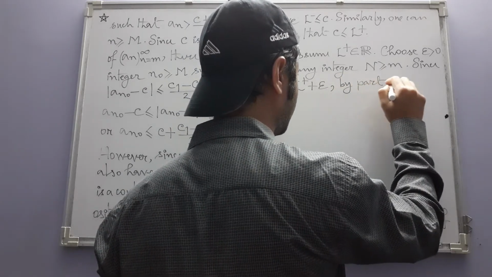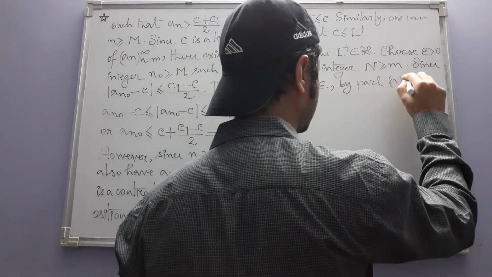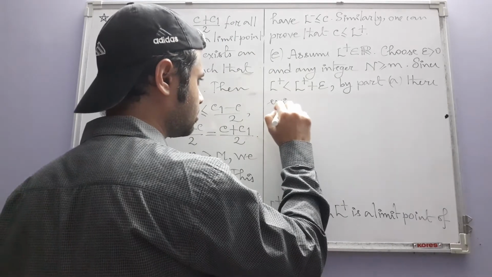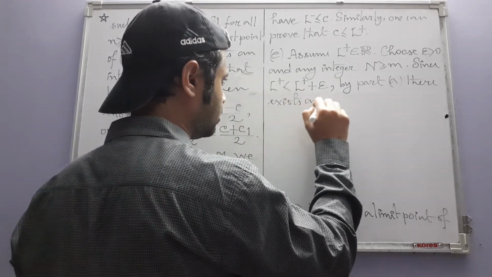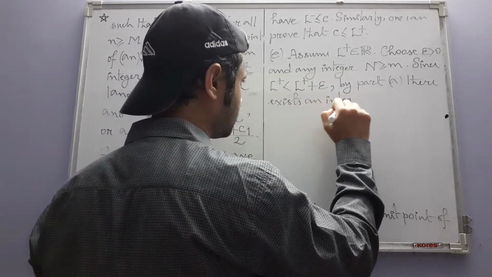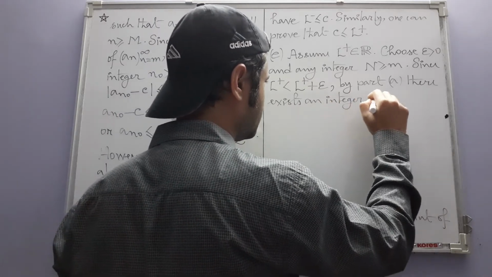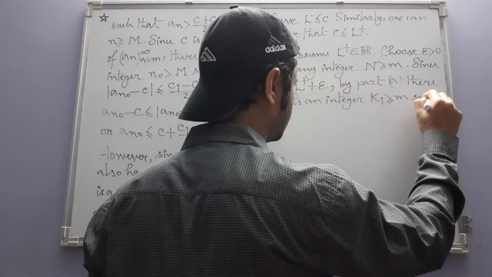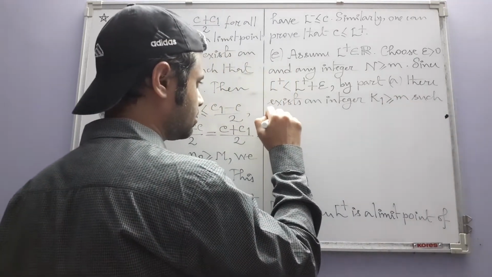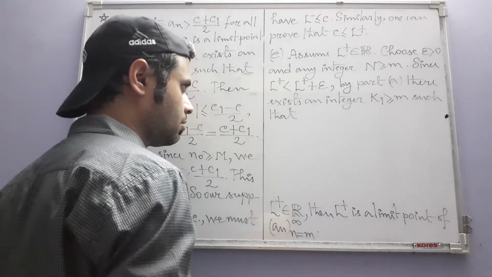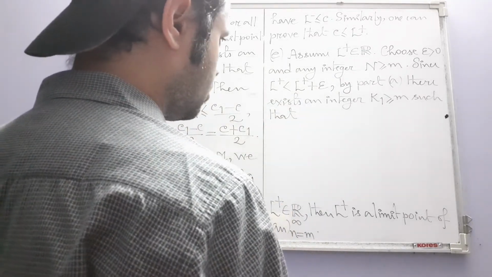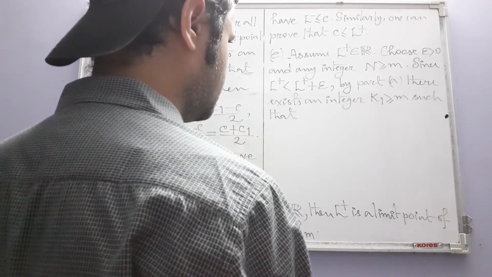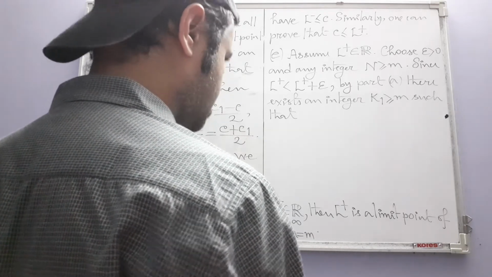by part A, there exists an integer, say k1 greater than or equal to m, such that all the terms will be less than or equal to L plus plus epsilon.